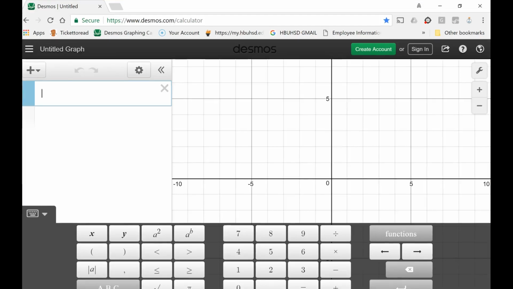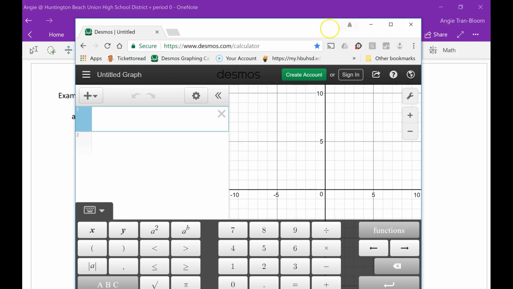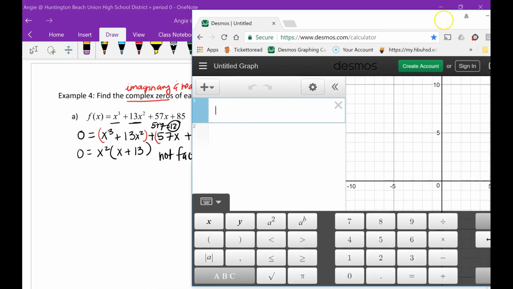So what we're going to do is enter in the polynomial. And let me minimize this to see what the polynomial is, okay? All right, minimize this. Okay, so what is our polynomial? Move it over here.